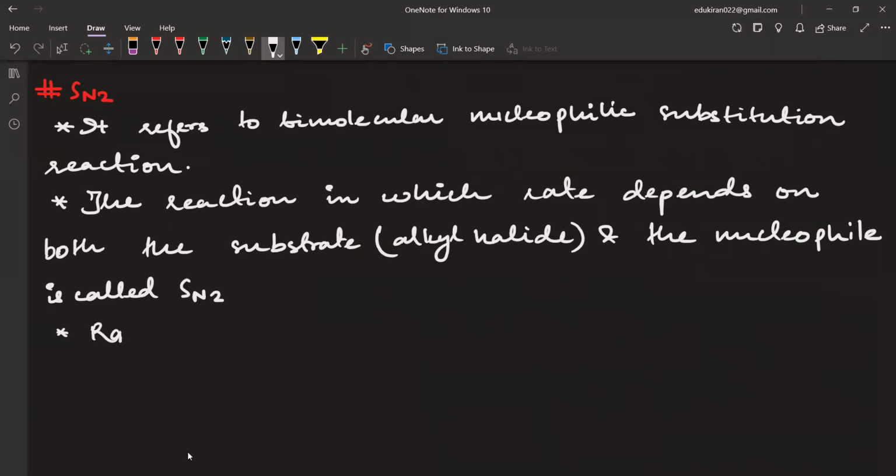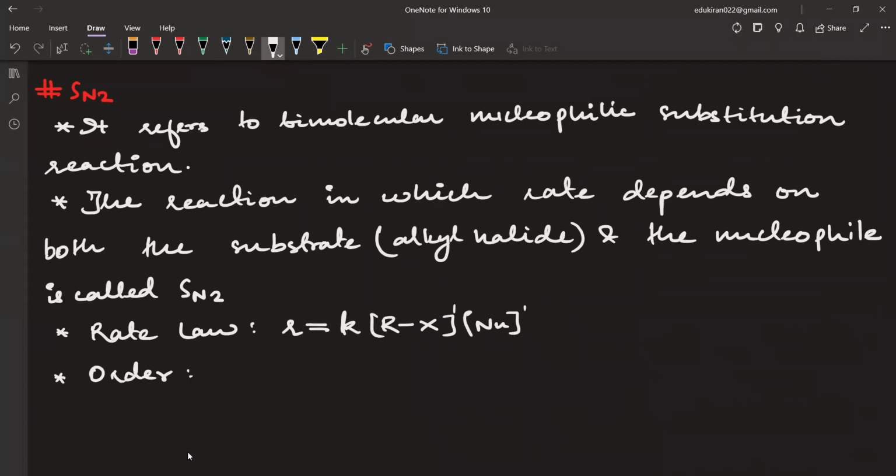Here the rate law is rate equals rate constant K times [RX] times [Nu]. So this has power 1, this has power 1, and if you add those powers, the order will be equal to 2. And molecularity, since it is bimolecular, is also 2.